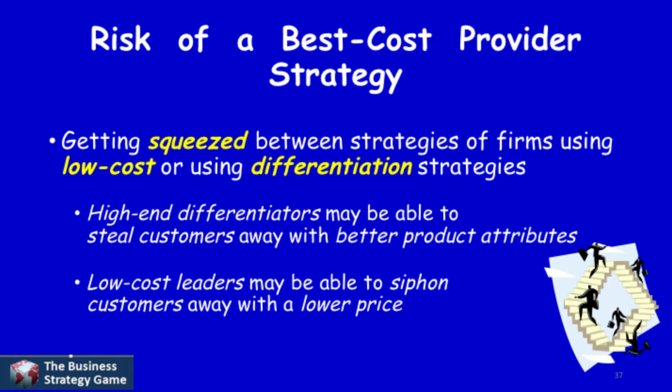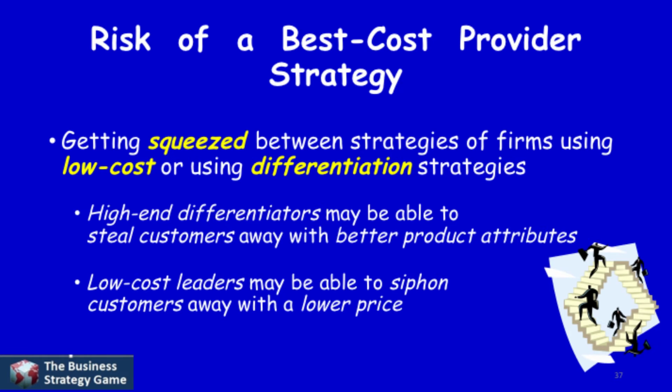Now, the main problem with the low-cost provider, as Michael Porter envisioned it, is the problem of getting squeezed by people who have low-cost, low-price products and who, because they're only looking at those attributes, may be cheaper than the product you have.